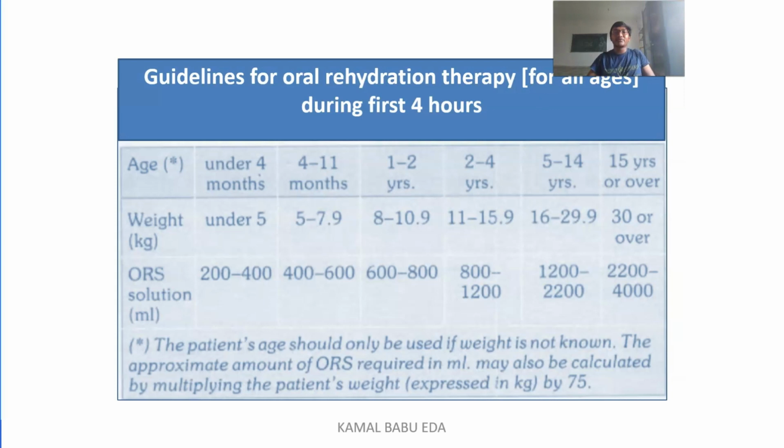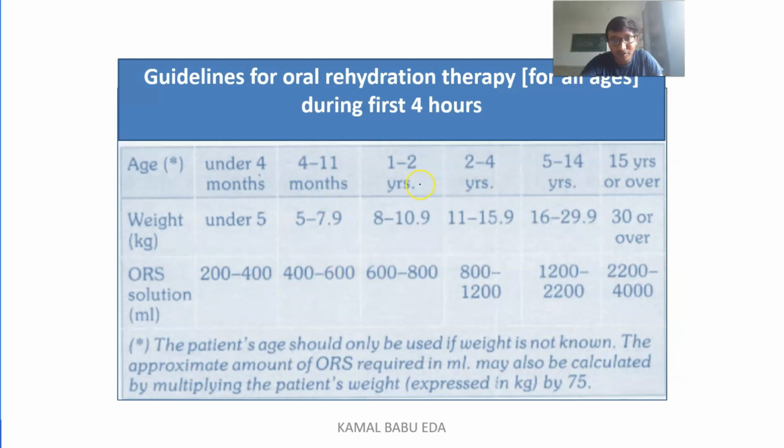These are the guidelines for dehydration therapy for all ages, based on the weight. For children under 4 months, with weight under 5 kg, the ORS solution is 200 to 400 ml. If the age of the child is 4 to 11 months and the weight is about 5 kg to 7.9 kg, you have to go for 400 to 600 ml.